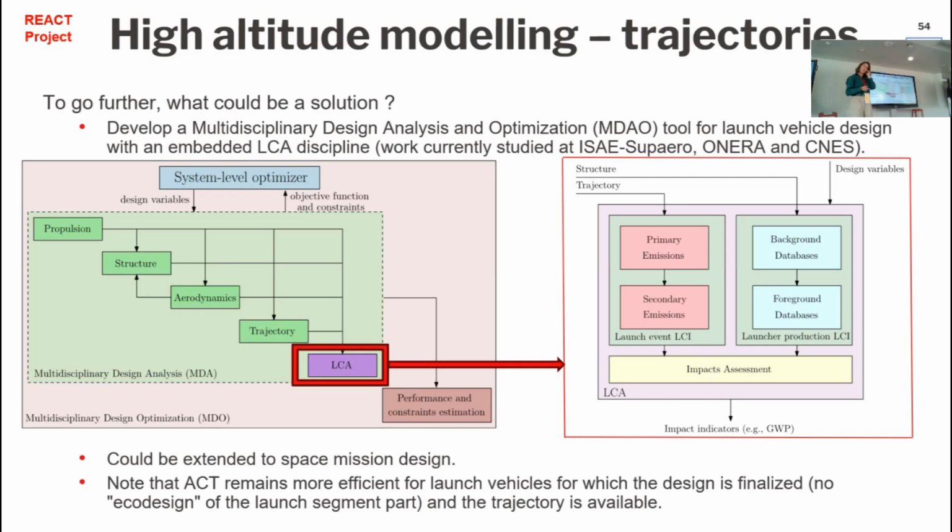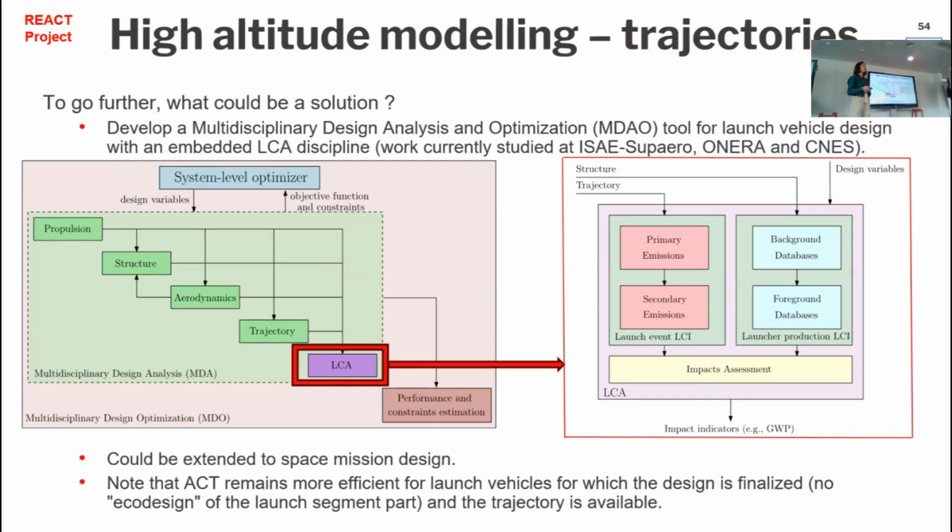So this will be explained in more detail by Jan-Stefan just afterwards. And you have the life cycle inventories that Karin just talked about before, with all the background data and the foreground database. And then thanks to that, you can do a preliminary impact assessment of your launcher, and you can extract some impact indicators that you desire.